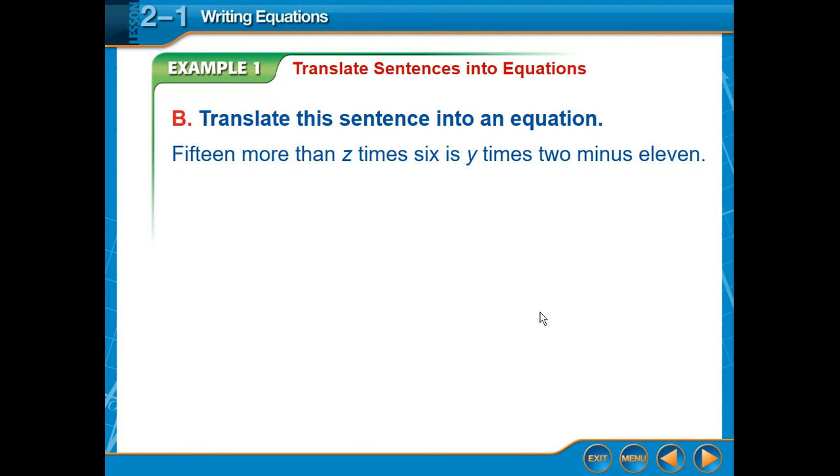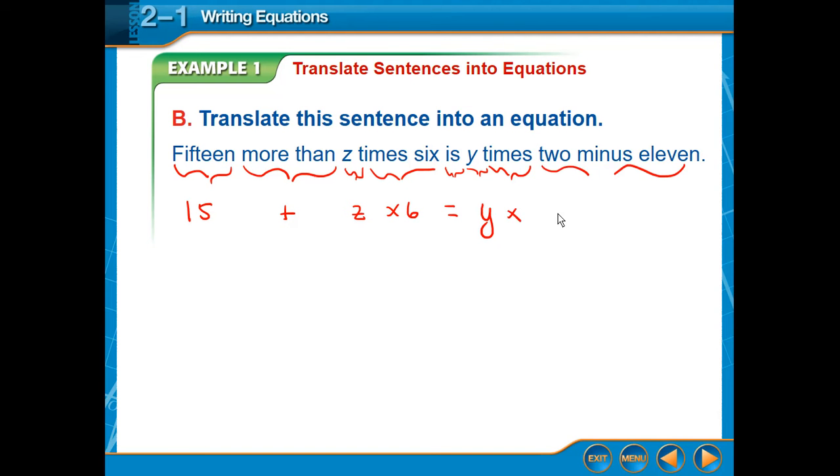Our next one, 15 more than z times 6 is y times 2 minus 11. So first thing, 15, that's just 15, more than, that means addition, z is z, times 6, is, that's just equals, y is y, times multiplication, and then it's 2 minus 11.